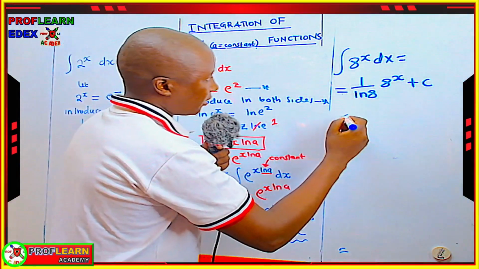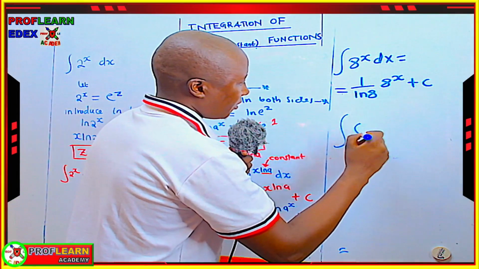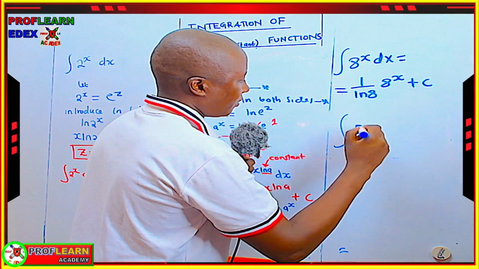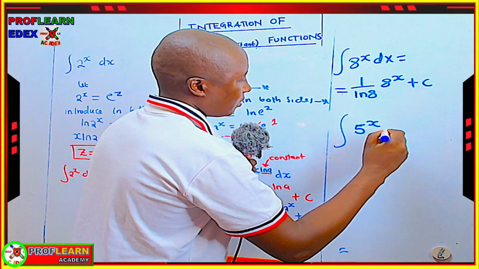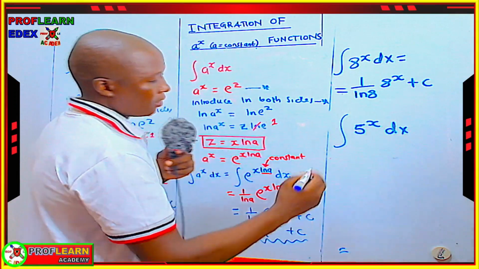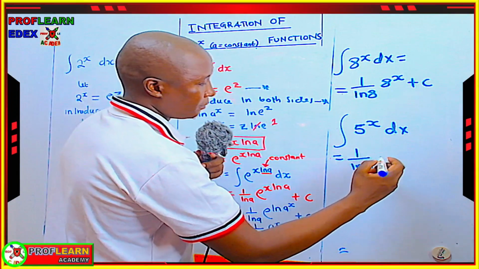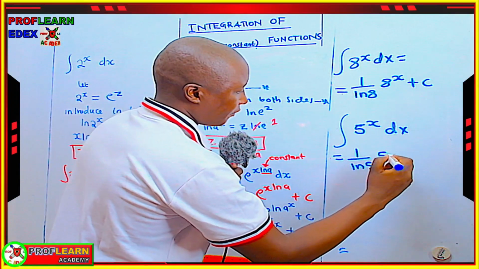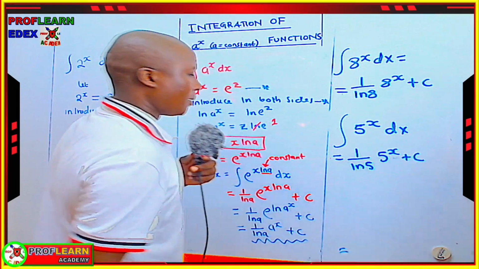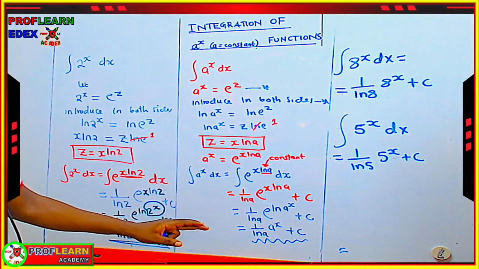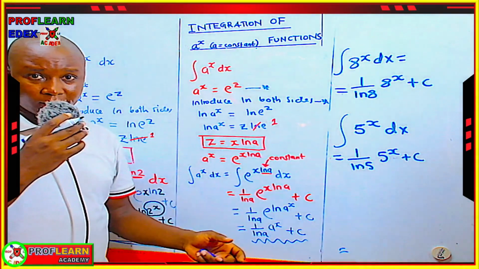If you are integrating 5 power x with respect to x, this becomes 1 over ln of 5, 5 to the x then plus c. So that is how you approach that.